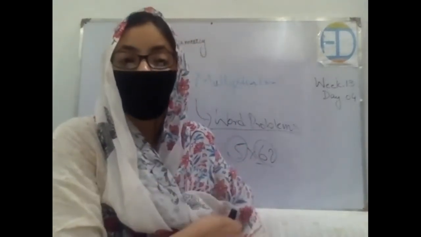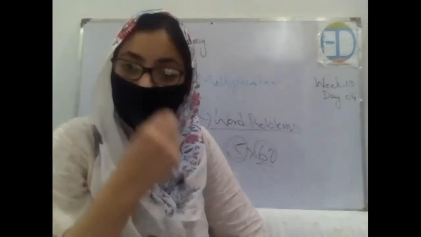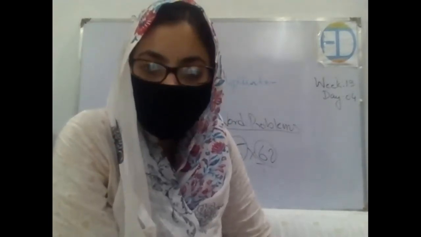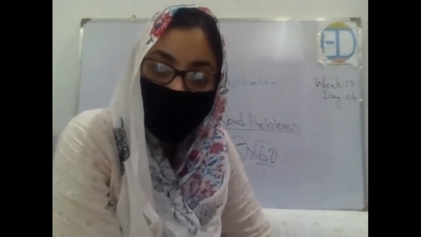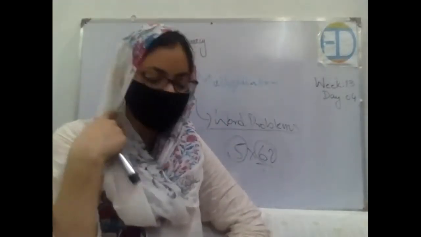Remember, when we multiply any number with 0, the answer is 0. What is 5 times 5? 25. What is 5 times 9? 45. What is 10 times 3? 30. What is 10 times 9? 90. Excellent. So all of you have memorized the tables. Now let's get started.